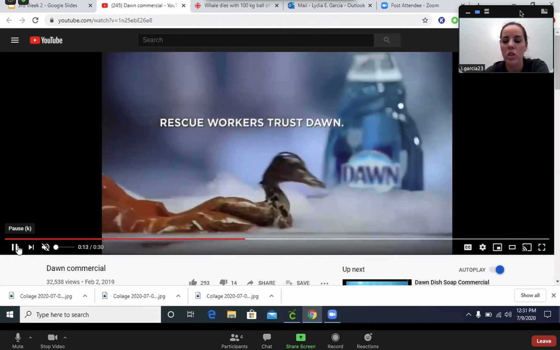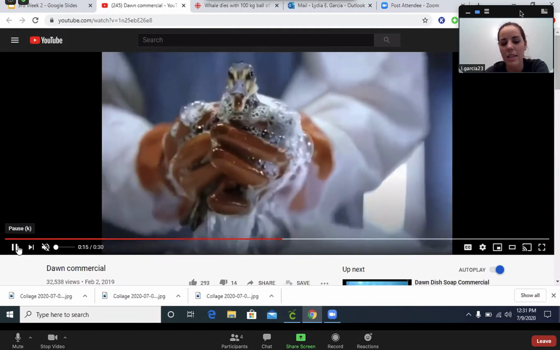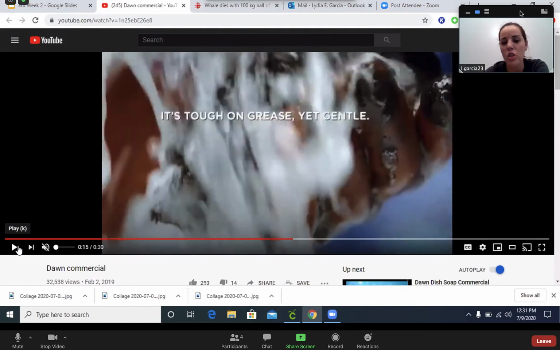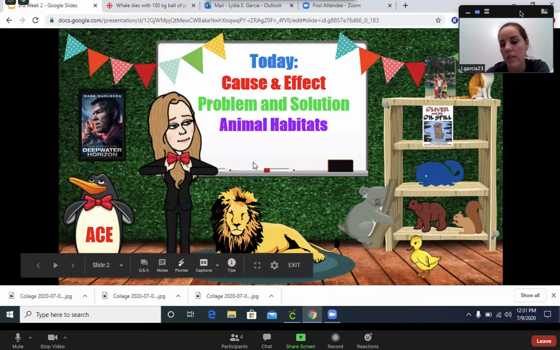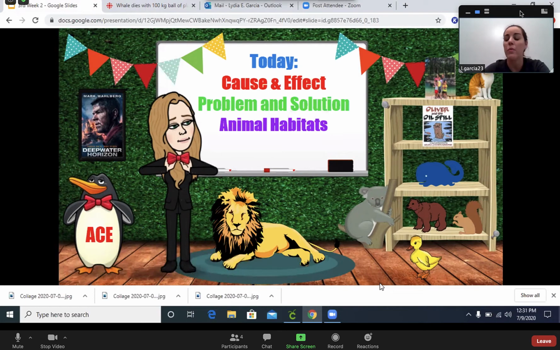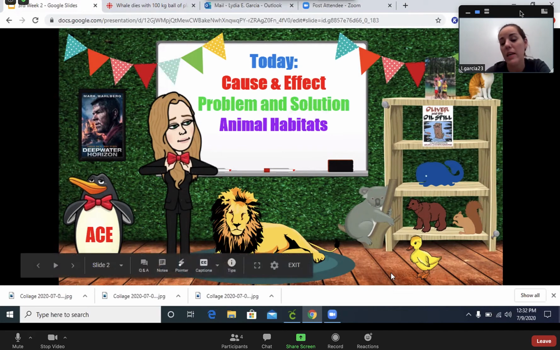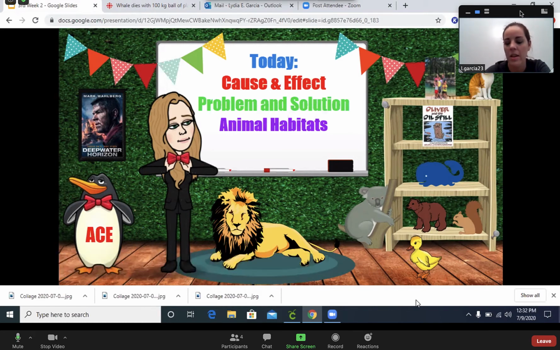And so I show them, we discuss, and it's a lot of linking and showing them how everything connects. And them seeing it works, it doesn't work. And we discussed that I had done an experiment in class, and we discussed how it does work. The Dawn soap. And you even have a little duck there to tie it all back together.